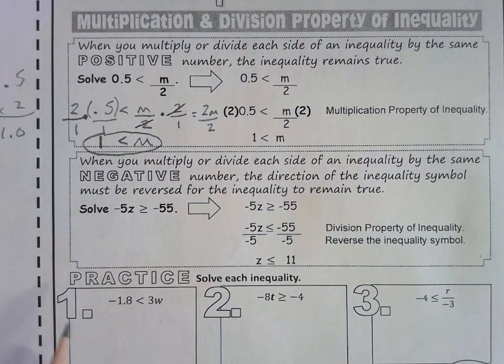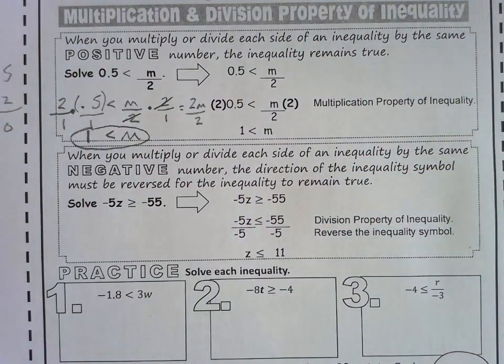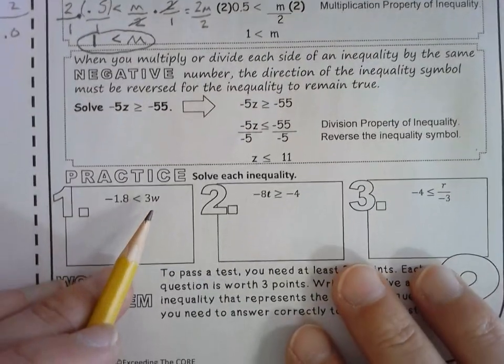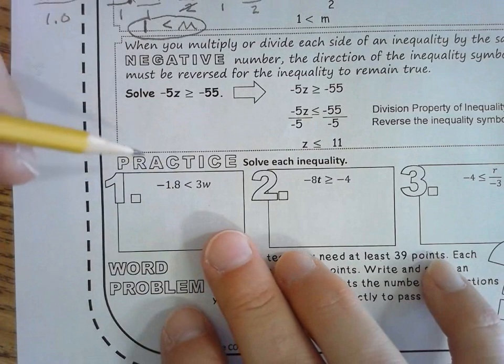All right. So, over here on the side, guys, well, let me see here. No, we got a problem down here on the bottom that we'll talk about. Okay, so here, guys, go ahead and do the practice problems.